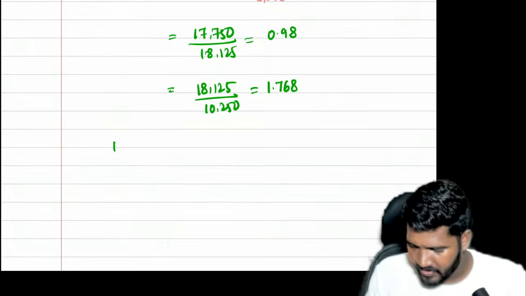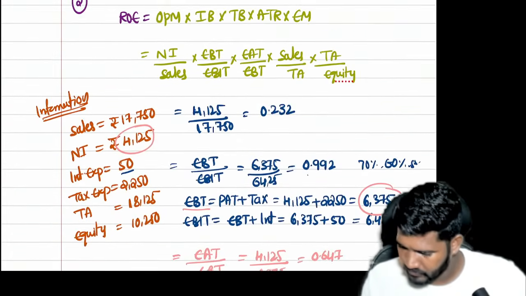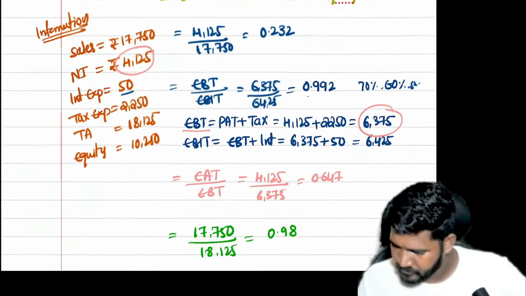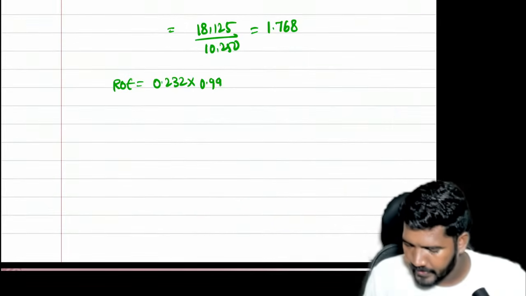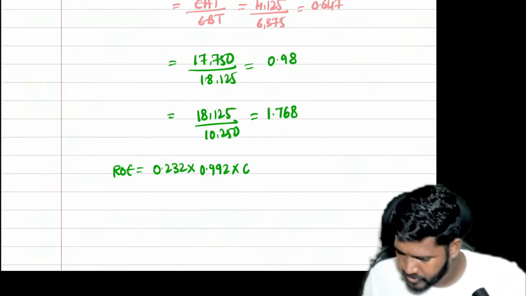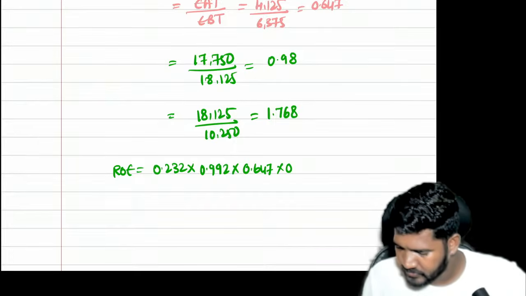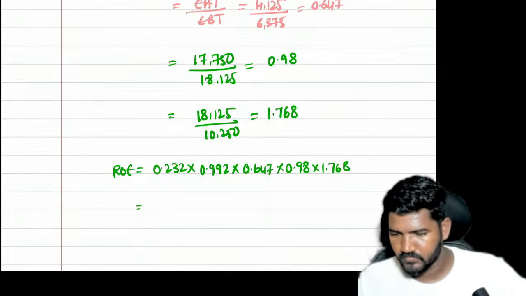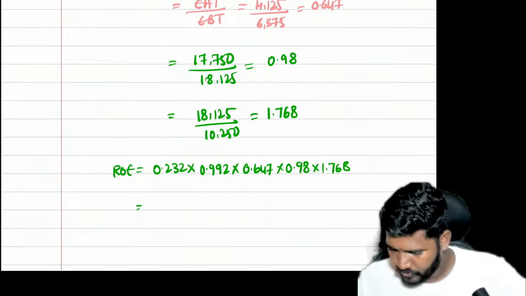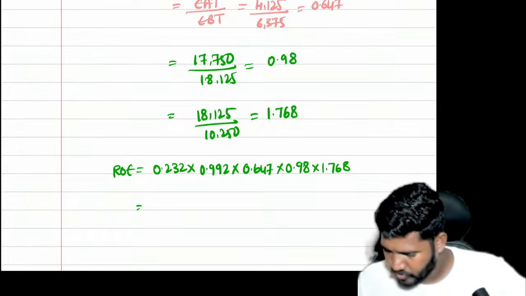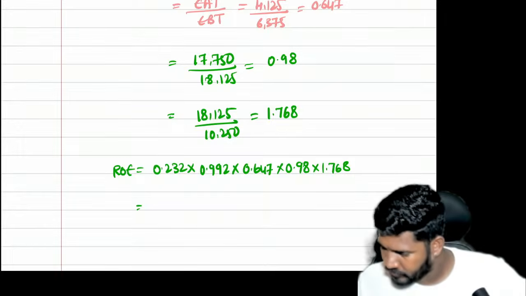Now let us calculate return on equity. 0.232 into 0.992 into 0.647 into 0.98 into 1.768.